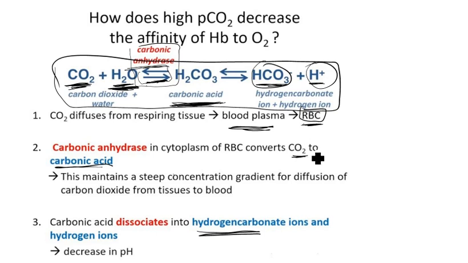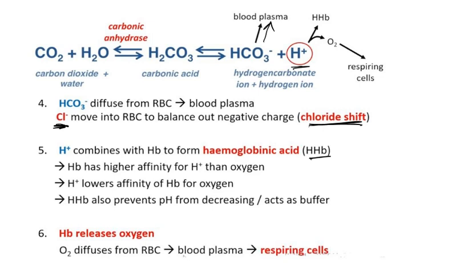Now this will decrease the pH, and I told you it's not good. So the cells will need to find a way to balance it up so that it will not cause much harm. In the course of doing that, the hydrogen carbonate ion will diffuse out from the red blood cell into the blood plasma, and then the chloride ion will come in to balance it up, because hydrogen ion is positively charged while hydrogen carbonate ion is negatively charged.